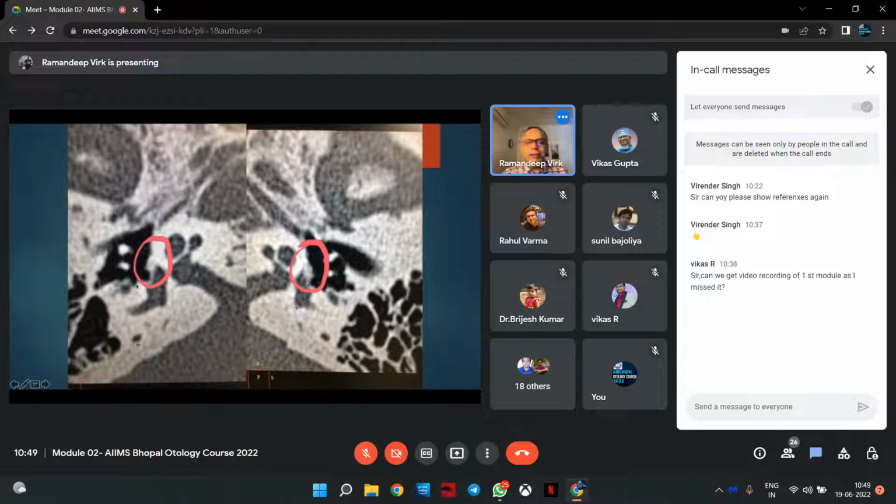Now this clearly tells us there is adequate space posteriorly to put the piston. But if this focus had completely obliterated this area, then it would have been difficult. That would be an obliterative focus. So this basically gives us an idea of the otosclerotic focus, confirms the diagnosis, and helps us to execute the surgery better.